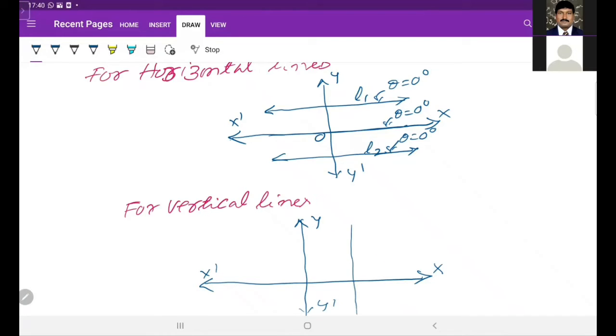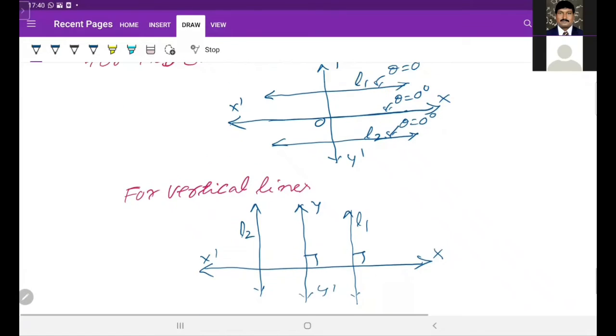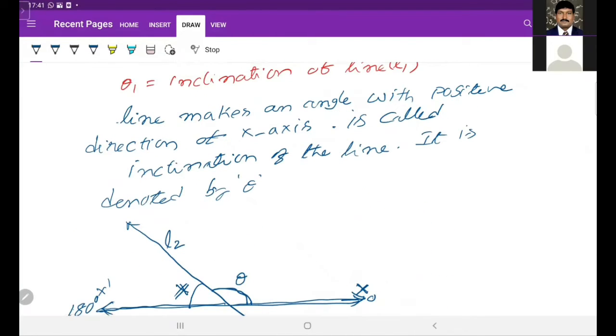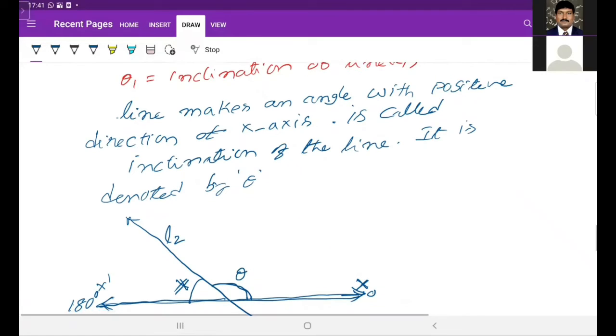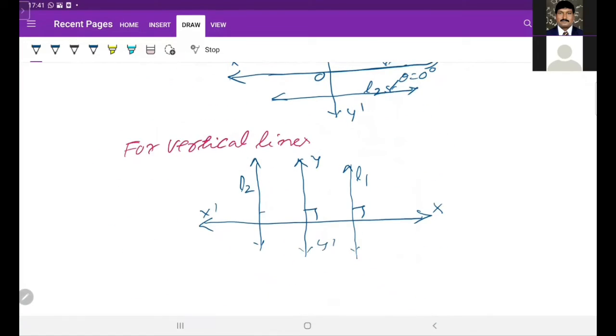This is line 1 and this is line 2. These are the vertical lines. For these the inclination is 90 degrees. Observe, it is the angle made by the line with the positive x-axis. The angle a line makes with the positive direction of the x-axis is called the inclination. This is theta, and the theta value is 90 degrees. Here also, the theta value is 90 degrees.